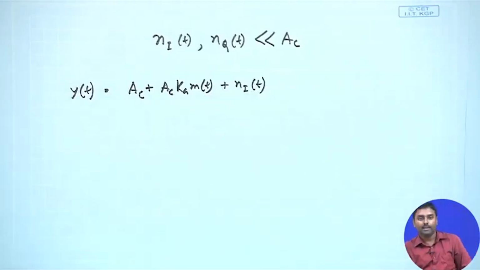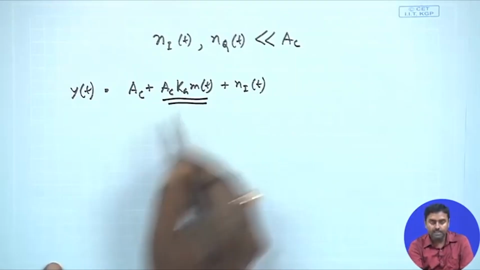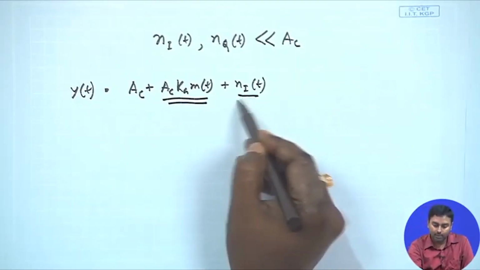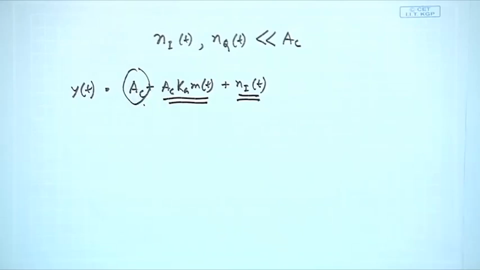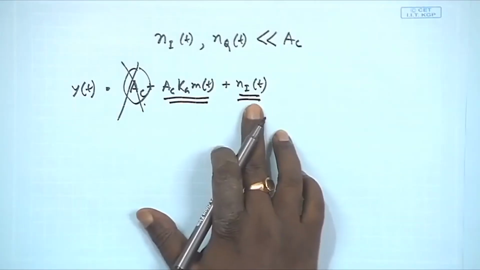Again we get back similar things, where this is the signal part and this is the noise part. This is the DC part. We have already seen that after envelope detection you will generally have a DC blocker which will block this part, so this will be gone. We will have just this power and this power. Now we have to again evaluate the signal to noise ratio.